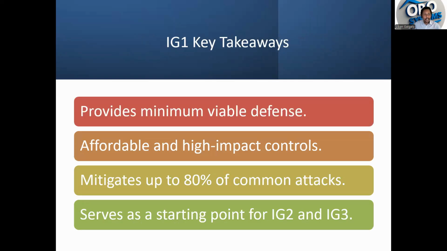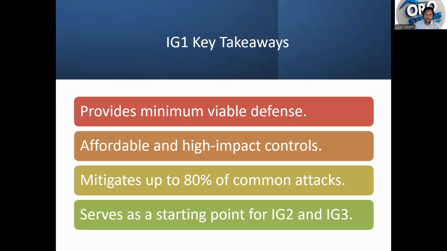So the key takeaway from IG1 is that it provides minimum viable defense: the very minimum, affordable, high-impact controls. The simple thing it focuses on is phishing. Phishing is one of the ways a hacker can trick an employee. If the employee doesn't have that kind of awareness, a small company can easily be affected.